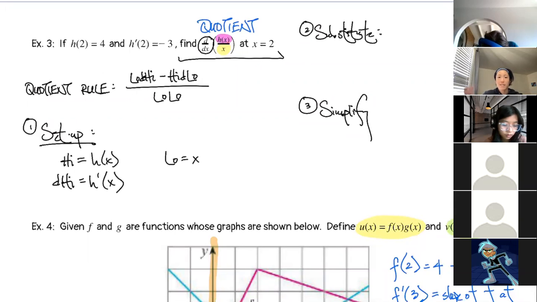Now this is the part where it's weird. I don't know what it is, but I know that H prime means derivative. Now let's go over to our low function. We know that low is X. So d low gives us what? Can we find this derivative, or do we need to leave it in prime notation?